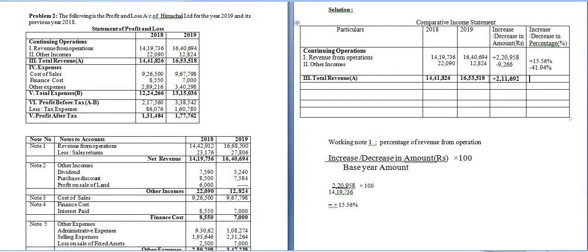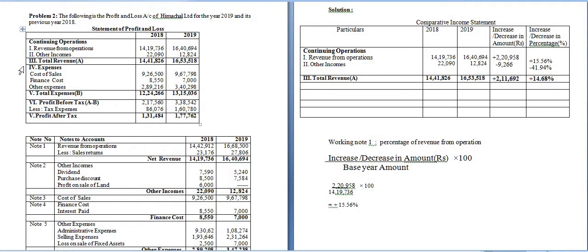Now we have to find out the percentage. Again a plus sign: 2,11,692 divided by 14,41,826, which is equal to 14.68 percent. So total revenue is over.